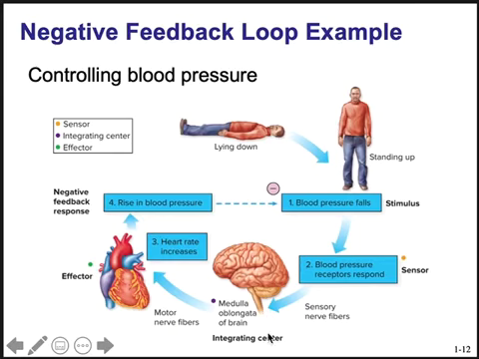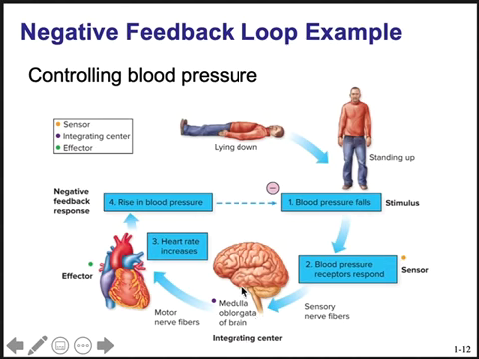Specifically for blood pressure, the part of the central nervous system that is being used is the medulla oblongata. Okay, and I believe you already know this from anatomy as well. Okay, so you should be able to tell me that the integrating center is specifically the medulla oblongata of the central nervous system.